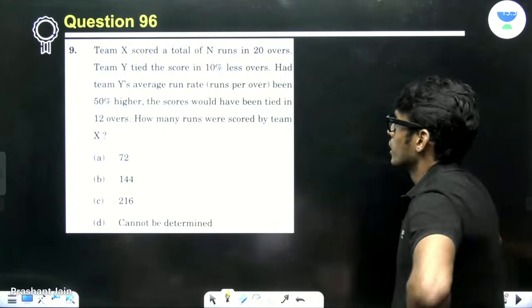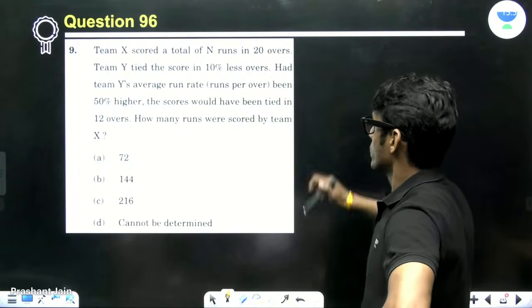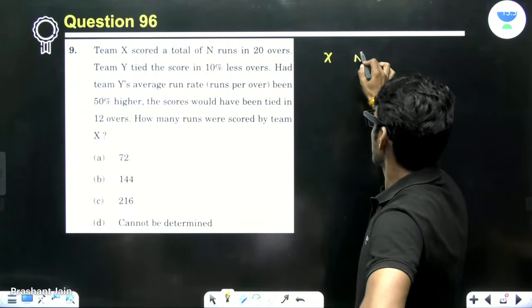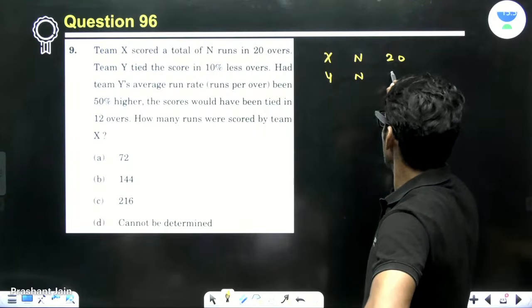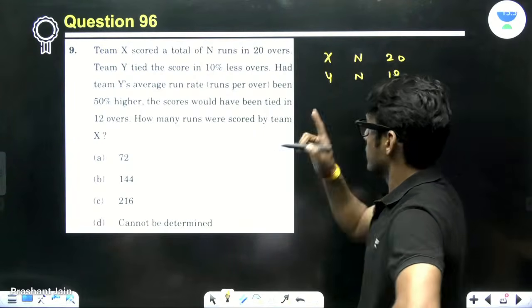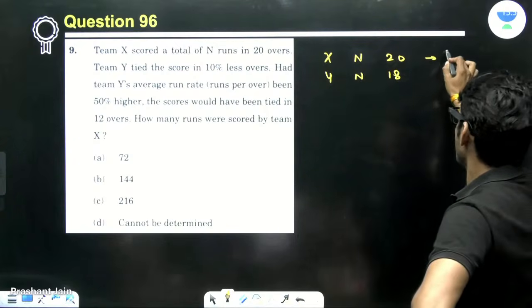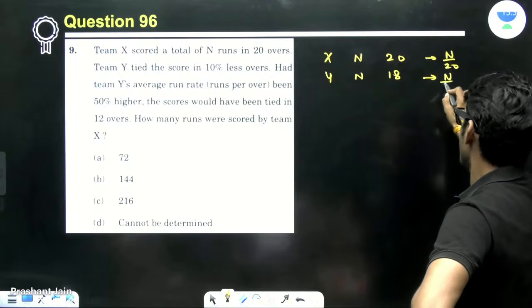Okay. So, Team Y tied the score in 10% less overs. Basically, X team made n runs in 20 overs. Y team made n runs in 18 overs, 10% less overs, right? So their run rate was n by 20. Their run rate is n by 18.